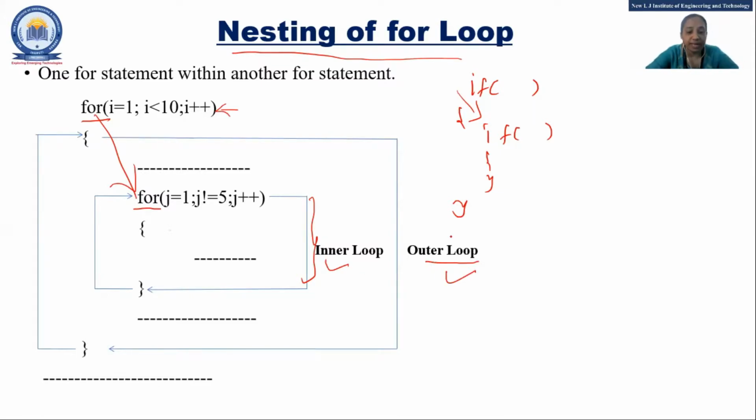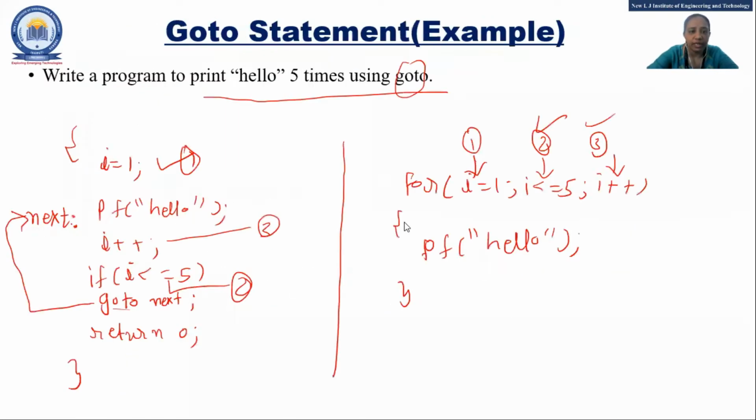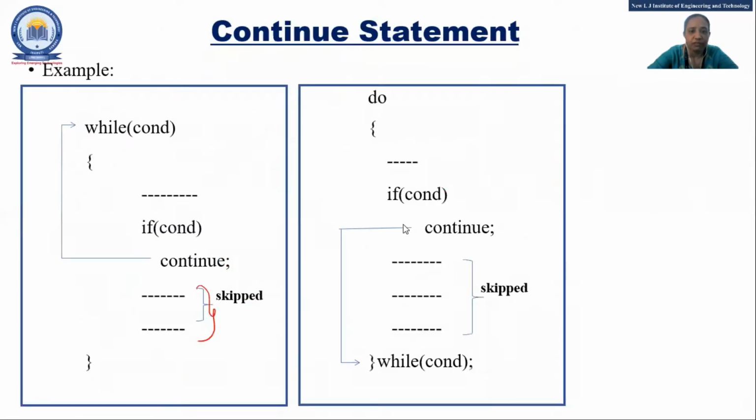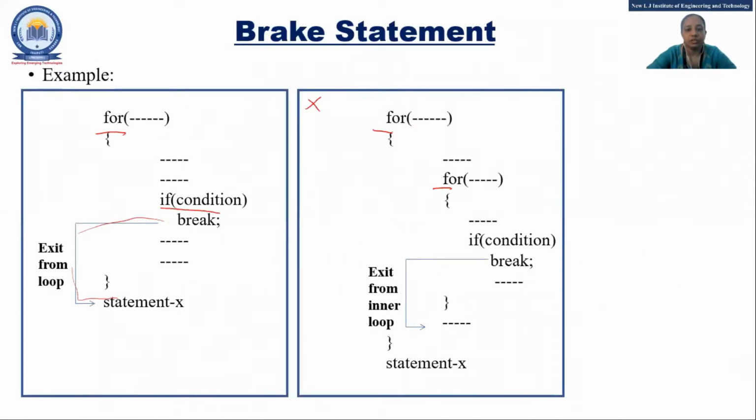In break and continue also, what happens if we have nesting of loops? You can see here, I told you to skip this for a while. A for and another for, so it is nesting of the for. Now, if you write the break statement within which loop?